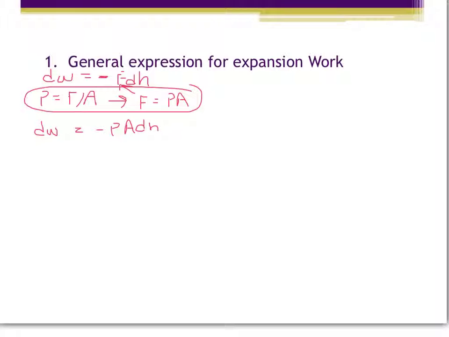So if we look at this graphically, let's say we've got a couple of different states here, going from one state to the other. Let's say we've got this container that has this frictionless piston that we love to talk about so much.